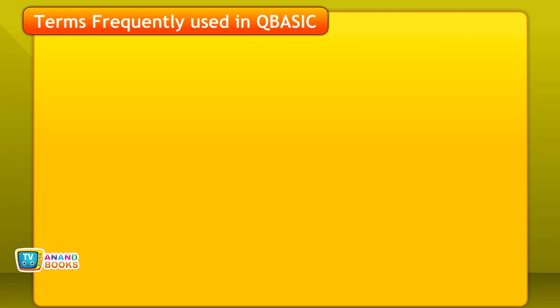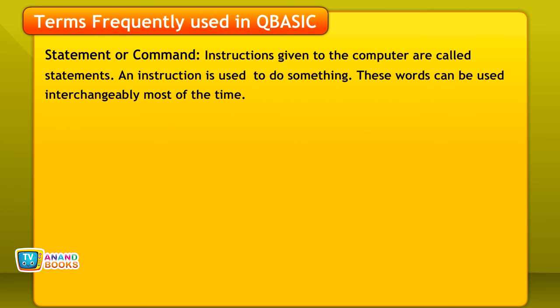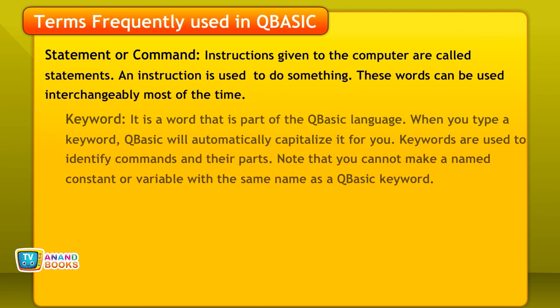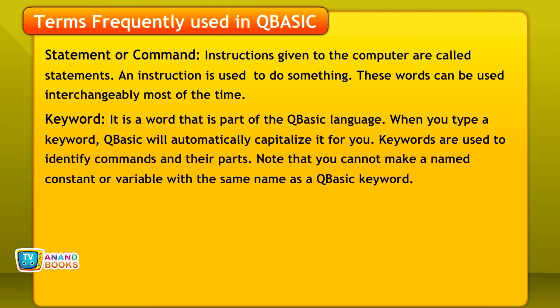Terms frequently used in QBasic. Statement or command. Instructions given to the computer are called statements. An instruction is used to do something. These words can be used interchangeably most of the time. Keyword.